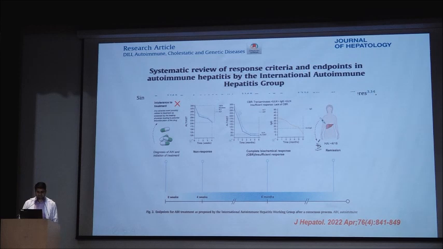This is an interesting study published by the International Autoimmune Hepatitis Group. They showed that patients who received immune suppression and whose AST/ALT level declined by more than 50% at follow-up of 1 month are likely to develop normalization of LFTs at 6 months, and the same population develops normalization of IgG at 6 months, and these are the patients who achieve histological remission in follow-up.